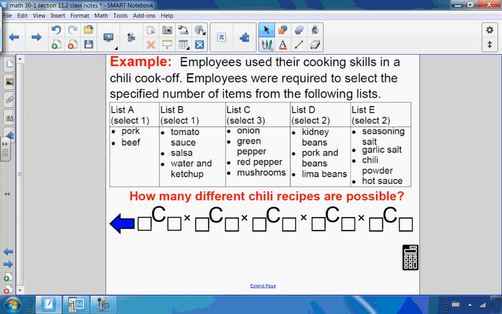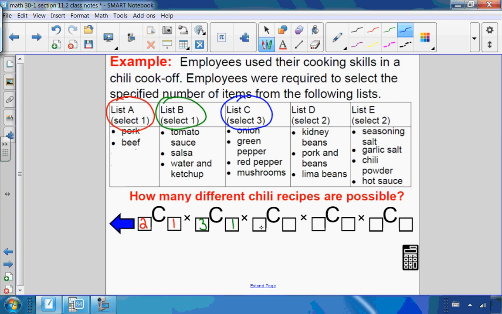So let's start with list A. I have to just select 1. There are 2 meats and I need to select 1, so I look at 2C1. List B, I also select 1. This time there are 3 choices and I select 1 of them. List C, there are 4 different vegetables there and I need to select 3 of them. Order doesn't matter again, so it's a combination.